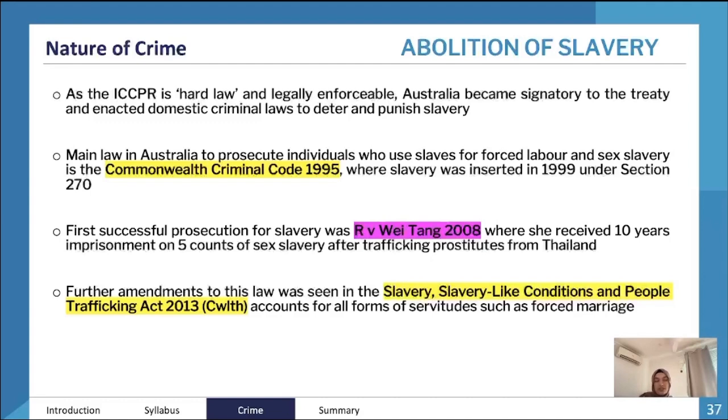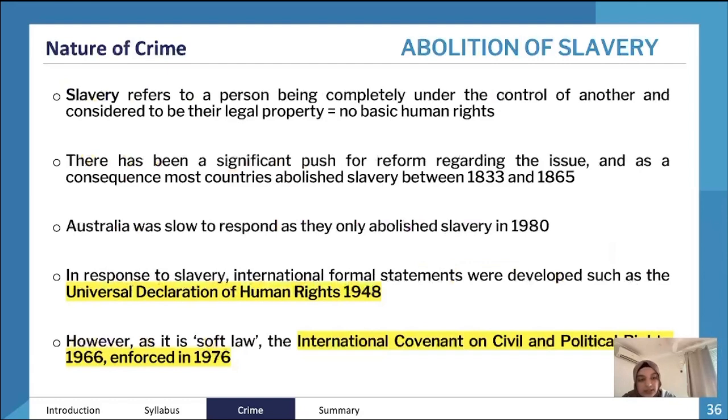They're not enforceable. Every state has its own sovereignty. They decide which laws apply, which laws don't. So normally a lot of these, like the Universal Declaration, aren't really going to hold much value unless the state themselves decide to implement that into their local system of laws.